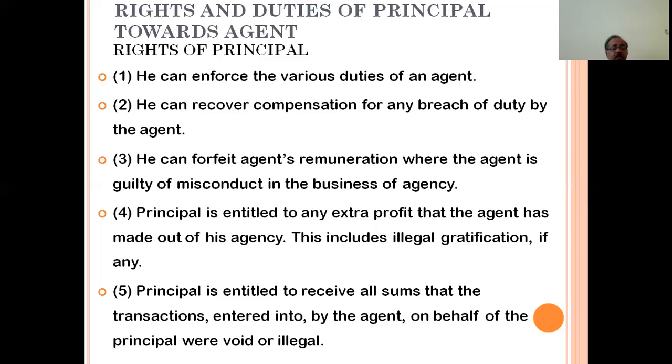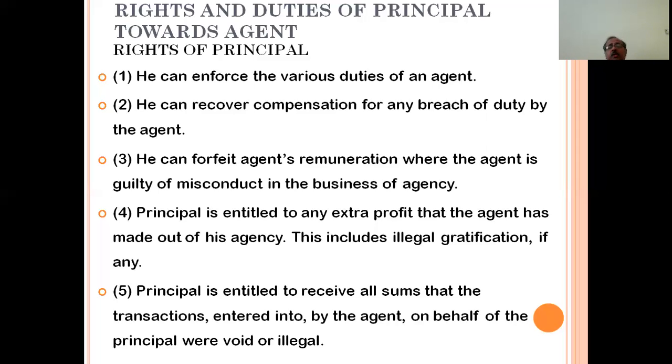And the last one is that the principal is entitled to receive all sums where the transactions entered into by the agent on behalf of the principal were void or illegal. So whatever sums are received for the transactions, whether void or illegal, those sums should be provided to the principal.